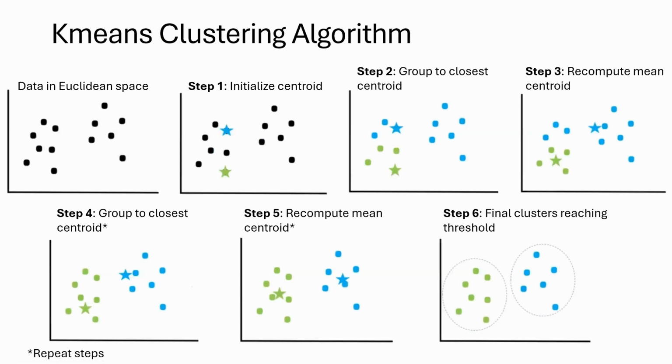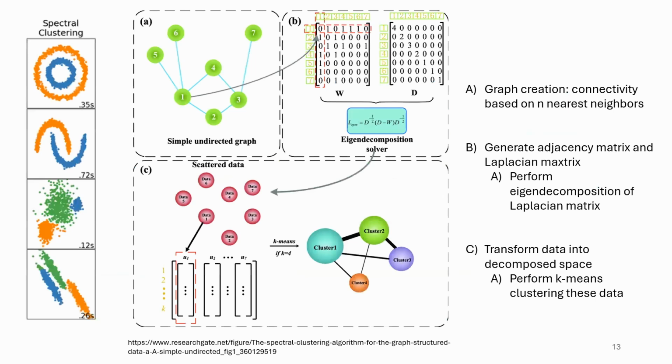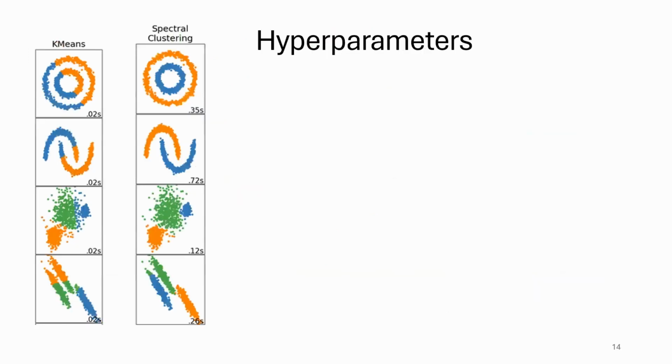I think I'm going to start with k-means first, just to set the stage. This is something I ripped off from Scikit-learn's website, where it shows for different data blobs how k-means clustering and spectral clustering work.